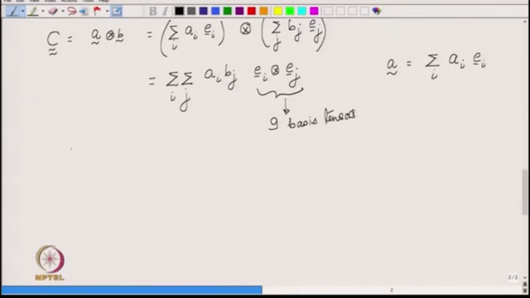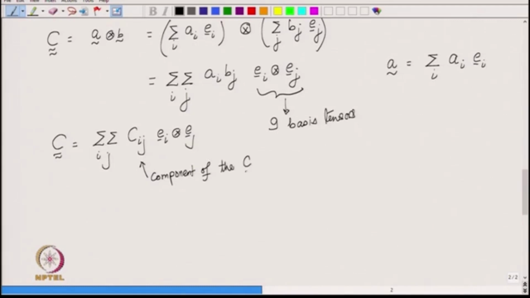Here A i into B j is C i j, and for a general second order tensor we write that C is equal to summation over i j of C i j e i tensor product e j, and C i j is then the component of the tensor C with respect to the basis tensor e i tensor product e j.